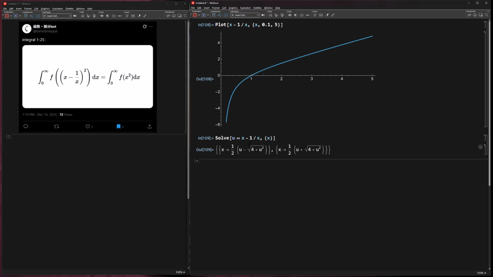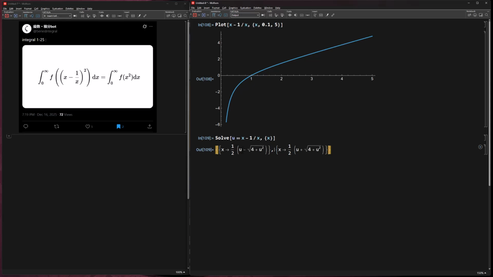The rigorous proof will be slightly more tedious than the intuitive solution. So let's take a look at the difference between these two parts. For any u, whether it's negative or positive, you have u squared plus 4, which means the absolute value of the square root term will always be larger than the absolute value of u.